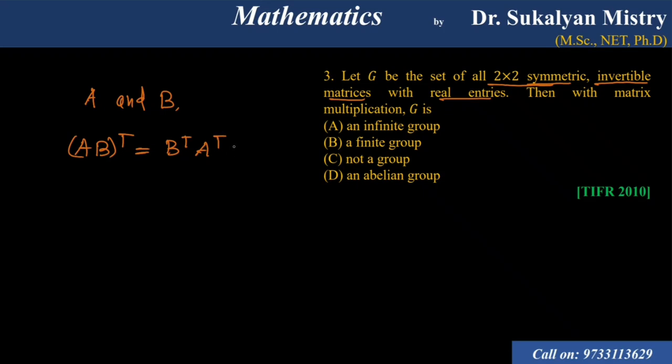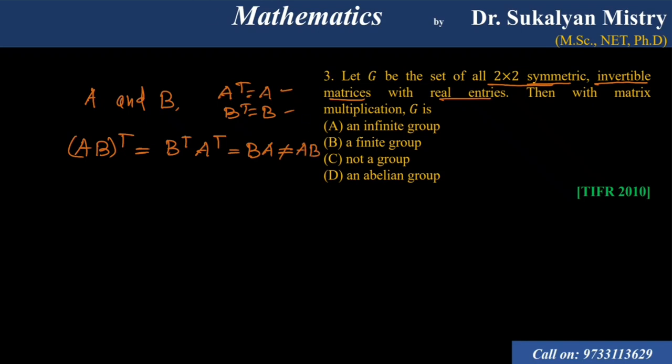So that will be BA, because A and B are symmetric, so A transpose is equal to A, B transpose is equal to B, since this is the definition of symmetric. So this is not equal to AB.